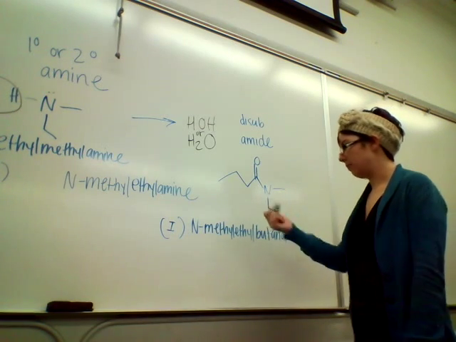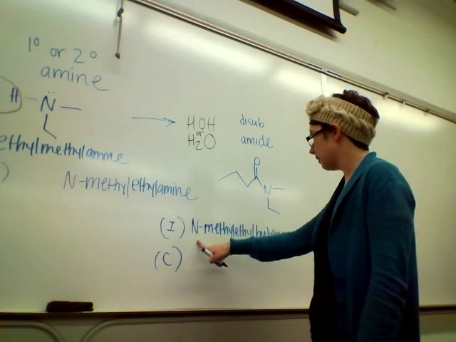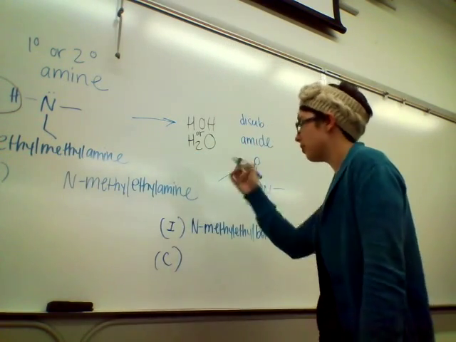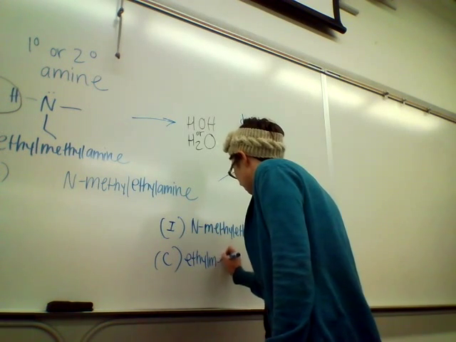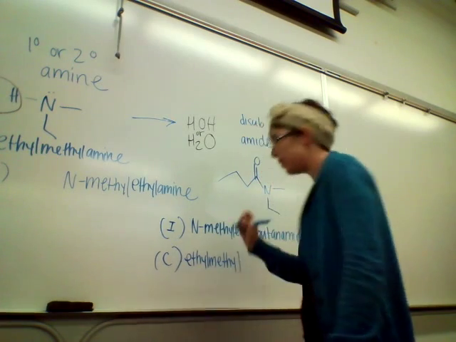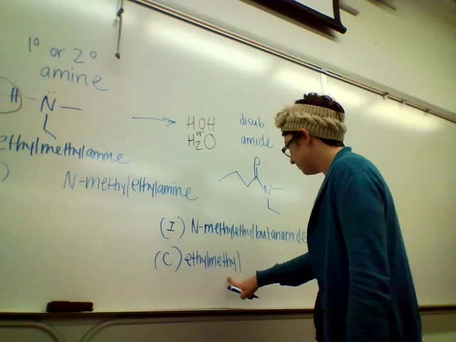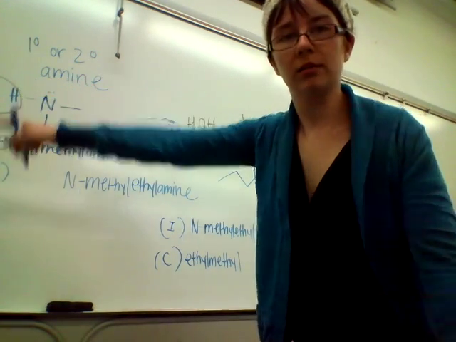And the common name is very similar, except you're going to take the common name from the amine, which is ethyl methylamine, ethyl methyl, but you're not going to put amine because that's not the functional group anymore. It's ethyl methyl, and then butyr.